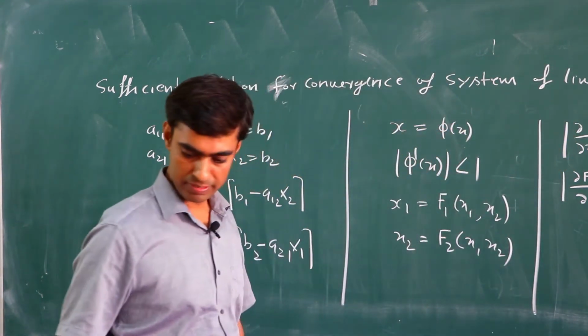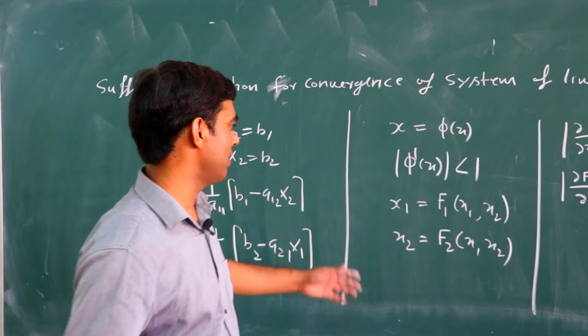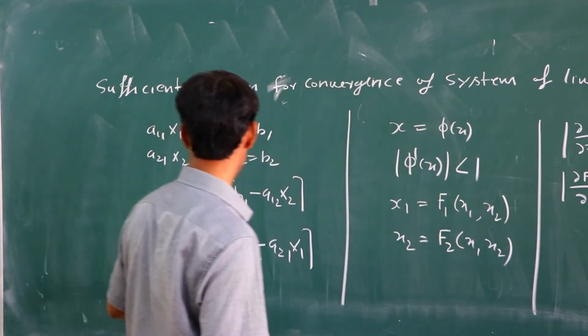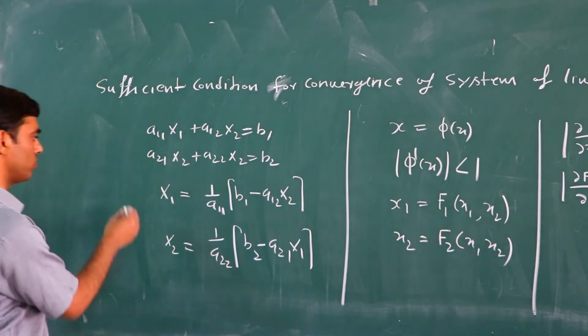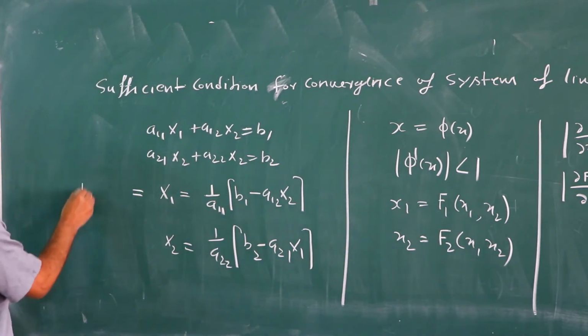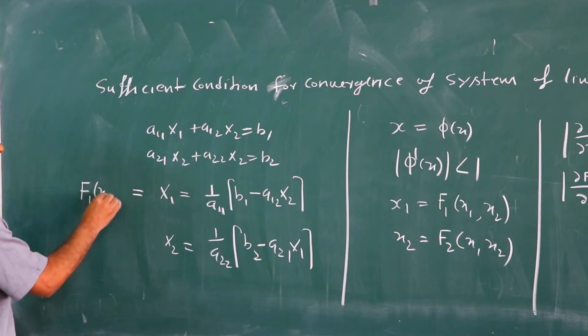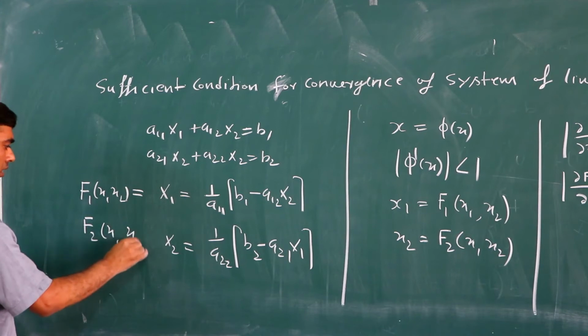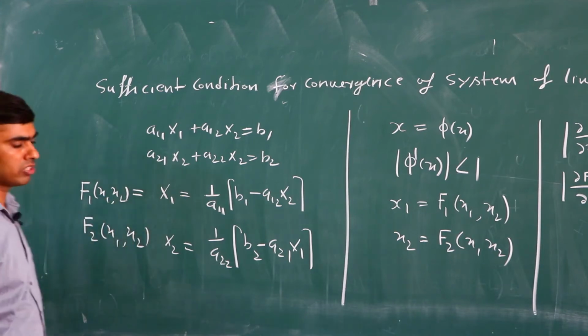So what is the value of del f1 upon del x1? Here we assume that this is a function f1 of x1, x2.